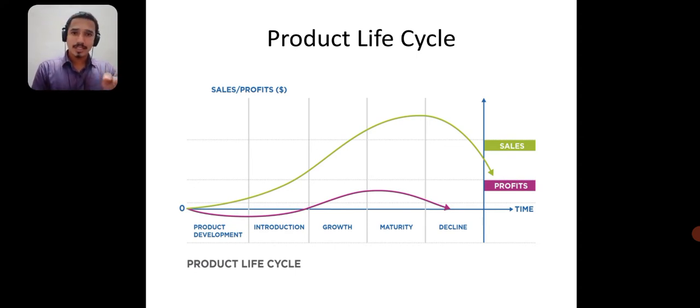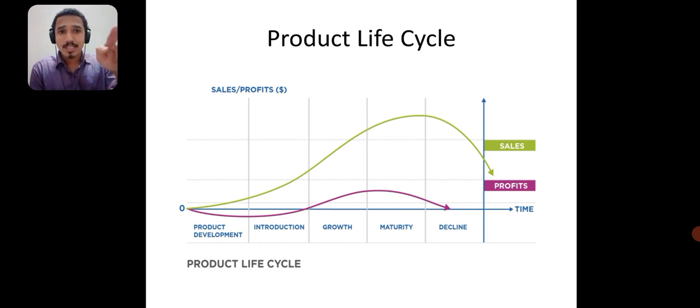Then we introduce it in the market, then slowly there is growth, then there is maturity, saturation, and obviously there is a decline. So every product goes through these stages. We will see what the features are in these different stages. As the curve says, it starts at 0, goes to one particular point where there is maximum sales, then it comes down.